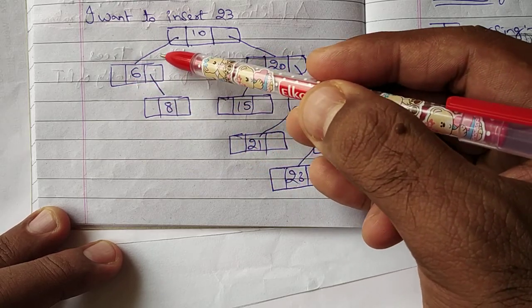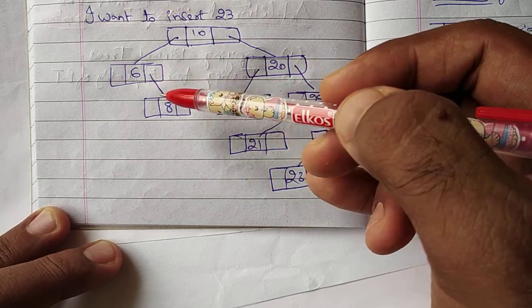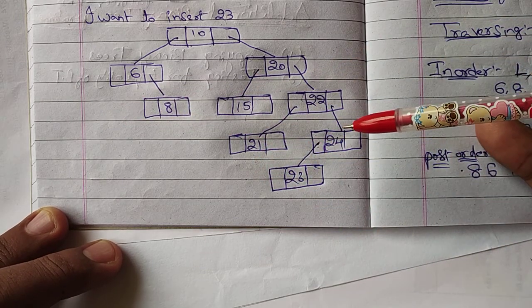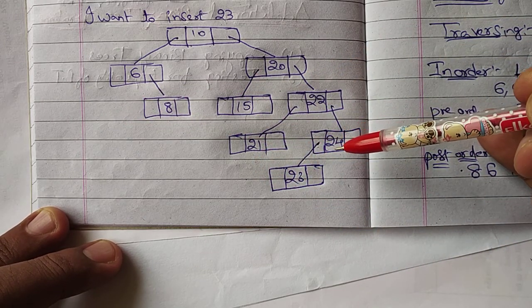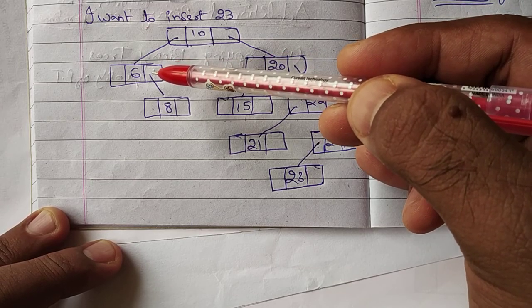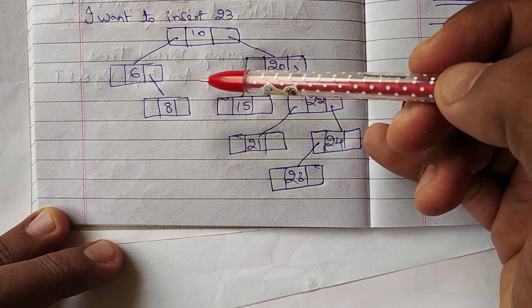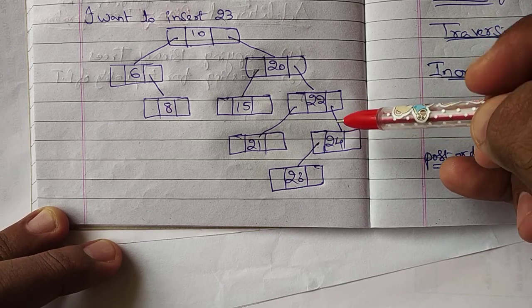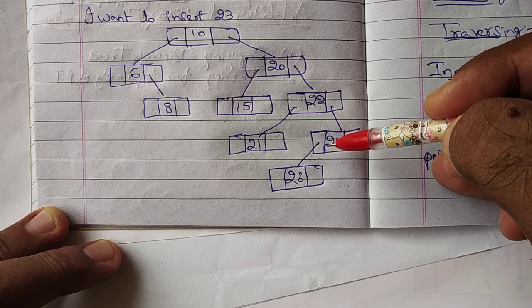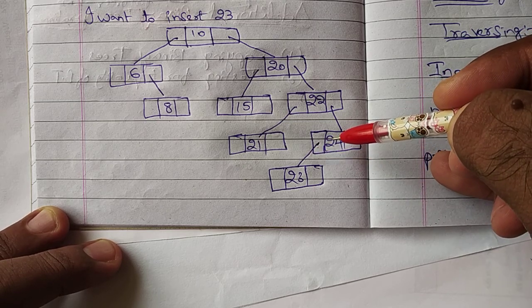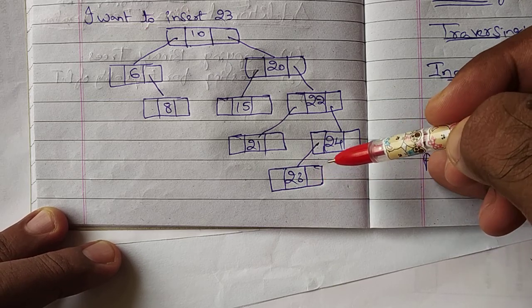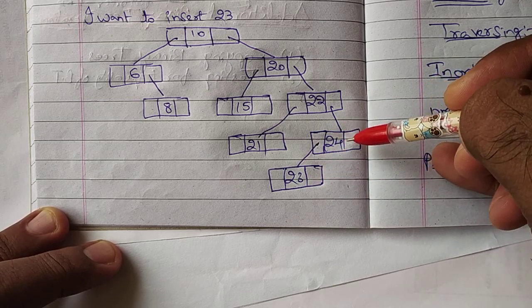Whenever I want to delete a node having either only a right child or only a left child, there are two examples: one is 24, another one is 6. So how do we delete these nodes? Very simple. If I want to delete 24, the link will be destroyed here, but we will lose 23. We don't do it like that.